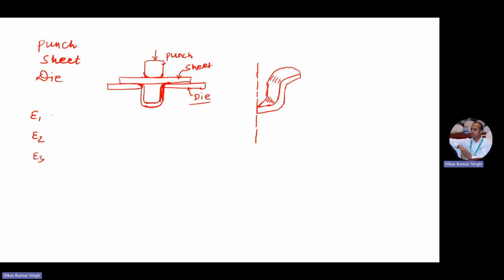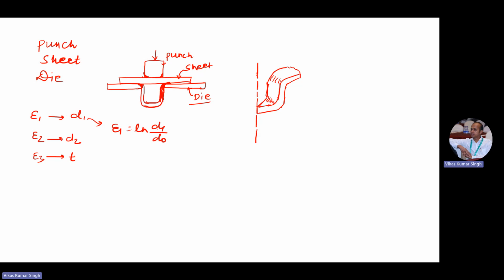Generally, in one direction d1 is the major principal strain, in the direction of d2 is the minor, and the third one is the thickness direction. If we take the strain in all directions, the first one is epsilon 1 equal to ln of d1 by d naught, and all of these are true strains.